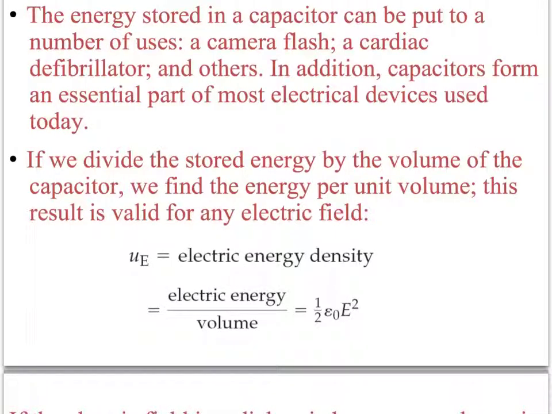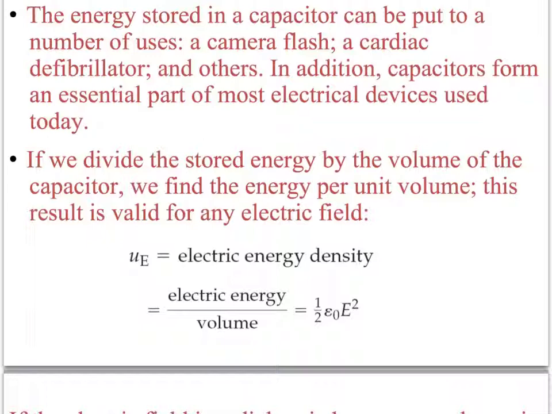Capacitors can be very helpful in many different situations. The energy stored inside them is useful in camera flashes, cardiac defibrillators, and many others. Almost all electronic devices used today rely on one, if not more, capacitors. If we divide the stored energy by the volume of the capacitor, we can find the energy per unit volume.